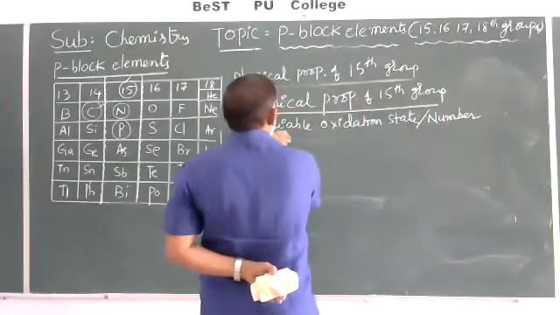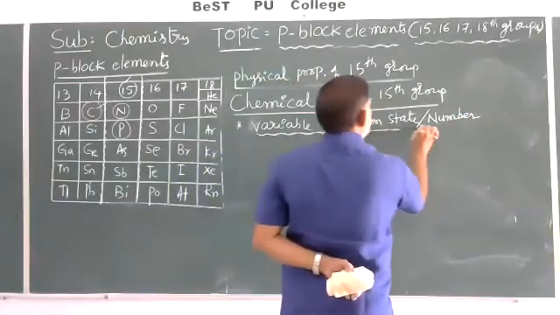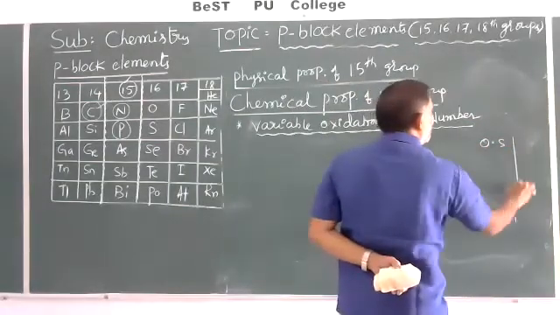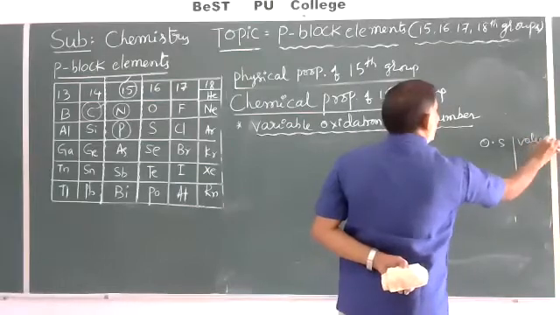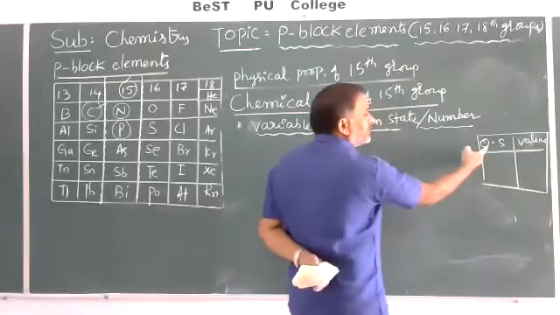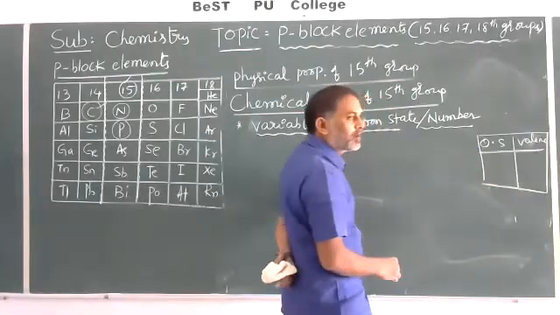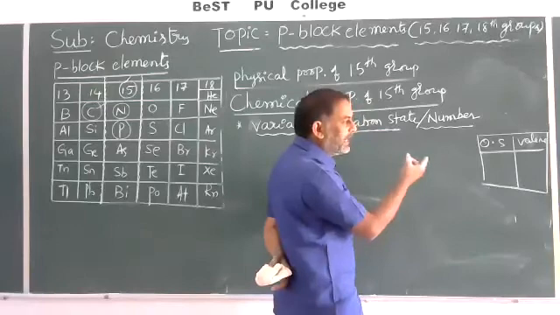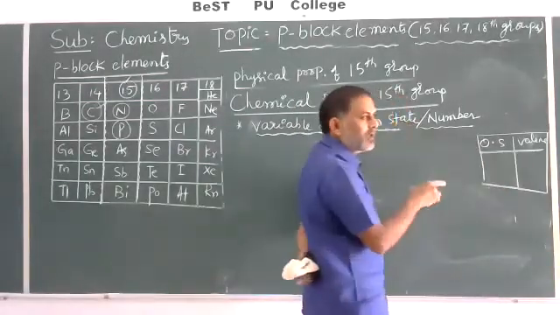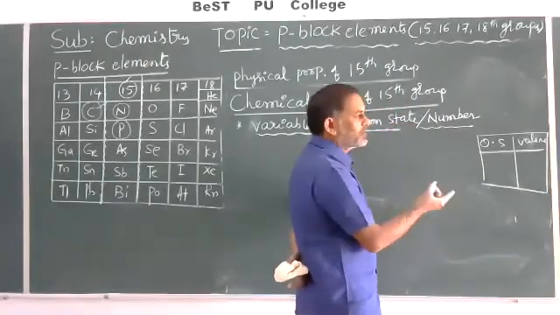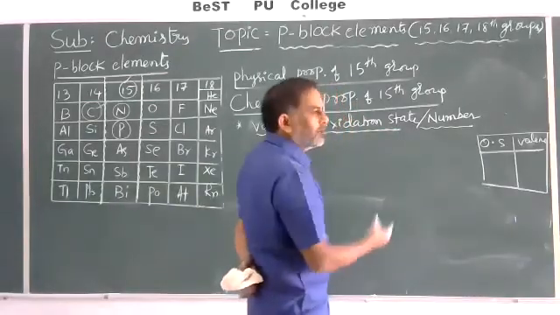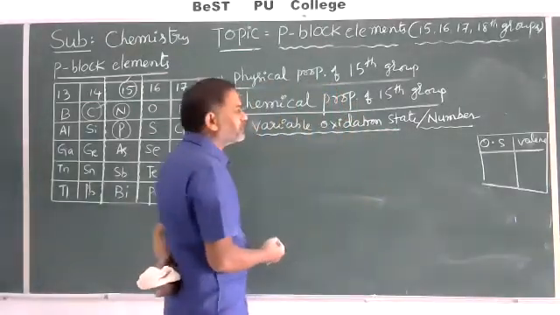We know from first year oxidation state and valency, and we know the clear difference between these two. The oxidation state of an element is the apparent charge possessed by that element. Valency is the combining capacity of that particular element, the number of bonds formed, the covalency or electrovalency, explained in chemical bonding.